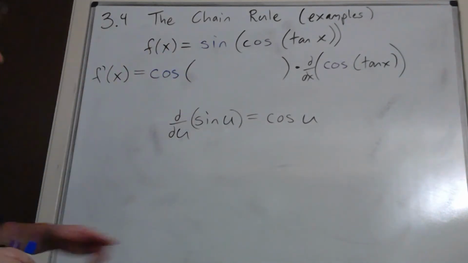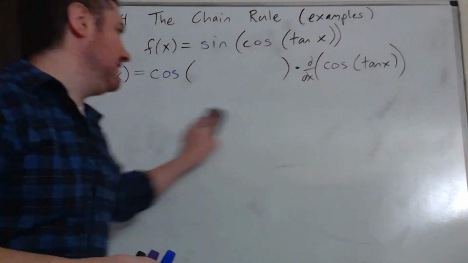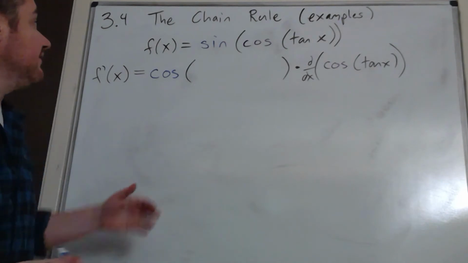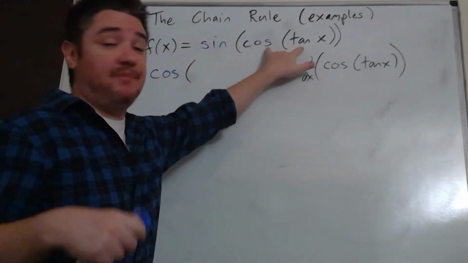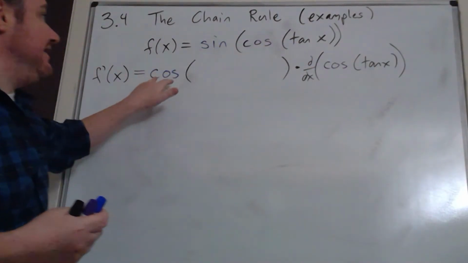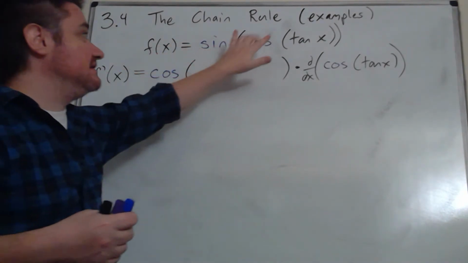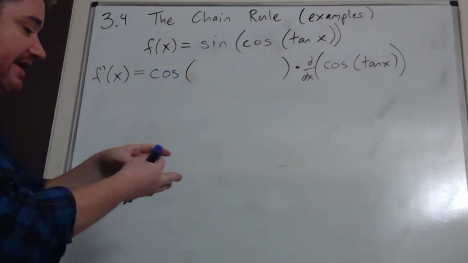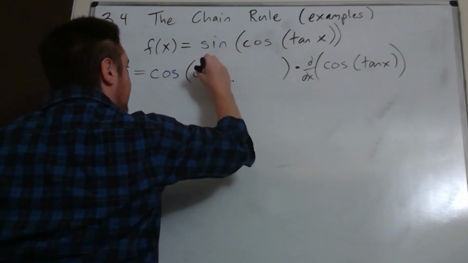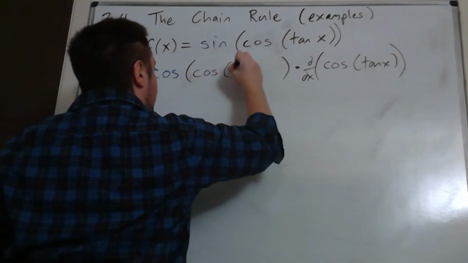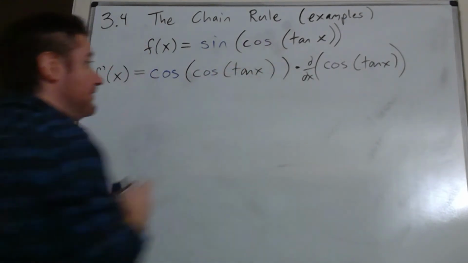Okay, so that's like sort of step one, sort of unwrapping the layers, if you will, of this derivative. Okay, so I started with sine of some complicated piece, but I know the derivative of sine is cosine. So the derivative of this composition is going to be cosine of this entire thing, cosine of tan x. I fill that back in, right?